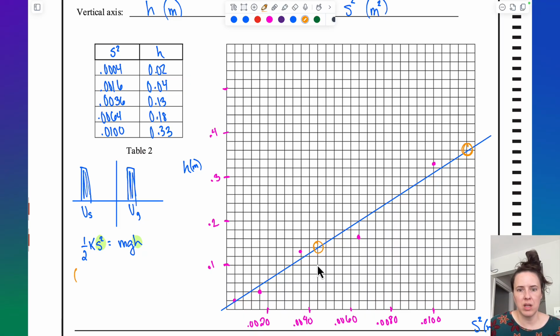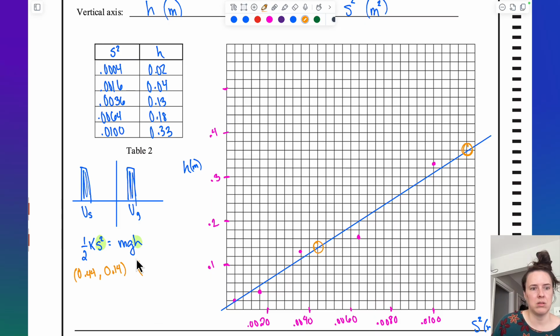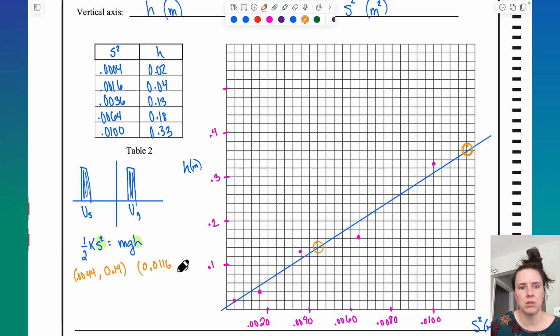So those 2 points are going to be 0.0044 and 0.14, and 0.0116 and 0.48. Oops, I forgot some zeros. My bad. 0.0044. Okay. And that was 0.36, 0.0036. All right, if we're going to find our slope, we do handy dandy y equals mx plus b.